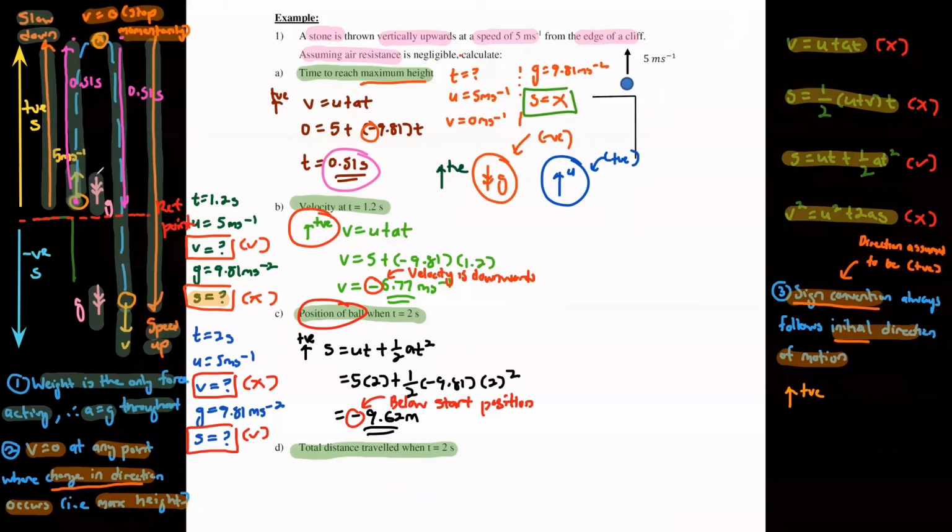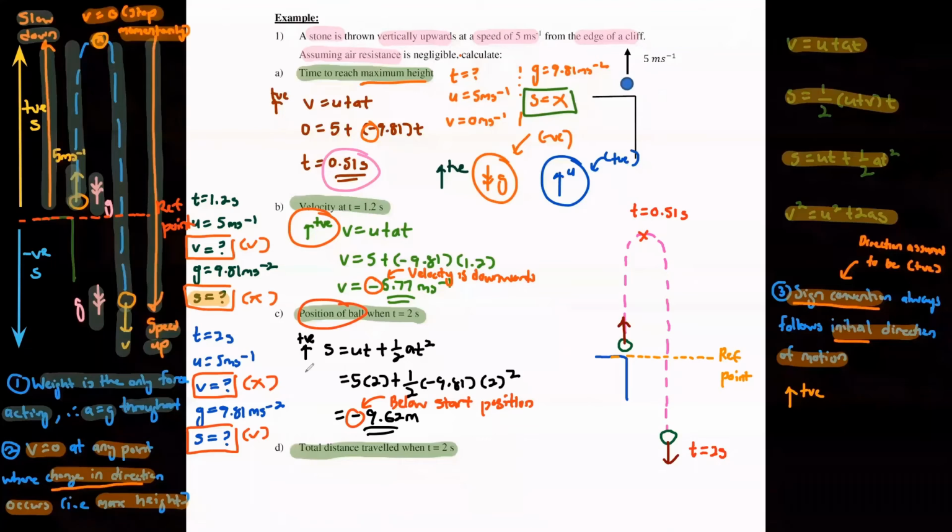So in total, for the object to move up and then back down to the original starting position, it will take a time of 1.02 seconds. Now at 2 seconds, we've actually gone past the reference point. We will be somewhere below the reference point or our starting position here. So the negative sign here is telling us that.